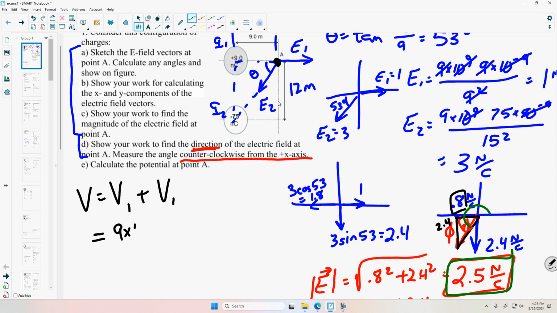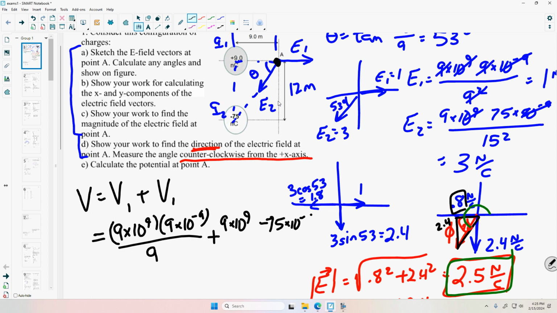That's 9 times 10 to the 9th, times Q1, which is 9 times 10 to the minus 9, divided by r, which is 9, plus 9 times 10 to the 9th, negative 75 times 10 to the minus 9.